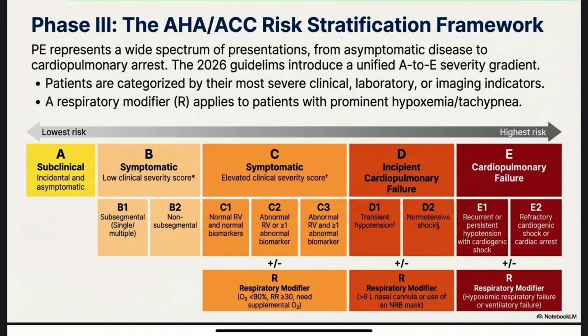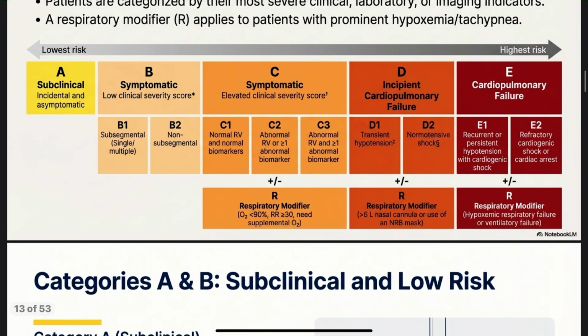B is symptomatic but low severity score. C is with severity score, C for cardiac, all the cardiac echo and enzymes are involved in C. D is towards death, D for death, towards death but not dying. So D1 is transient hypotension and D2 is normotensive shock, sorry. And E is cardiopulmonary failure.